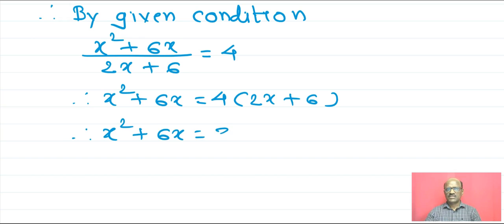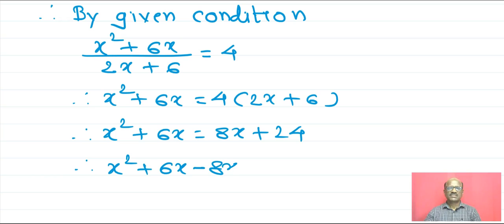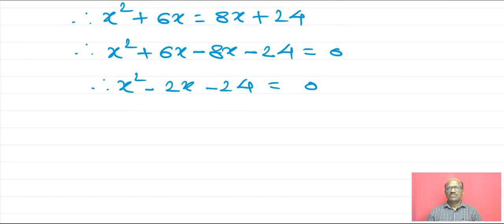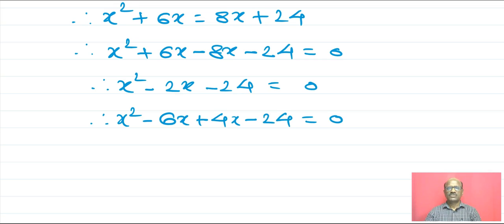That is x square plus 6x is equal to 8x plus 24. Therefore, x square plus 6x minus 8x minus 24 equals 0. Therefore, x square minus 2x minus 24 equals 0. Now the two numbers are minus 6 and plus 4. Therefore, x square minus 6x plus 4x minus 24 equals 0.